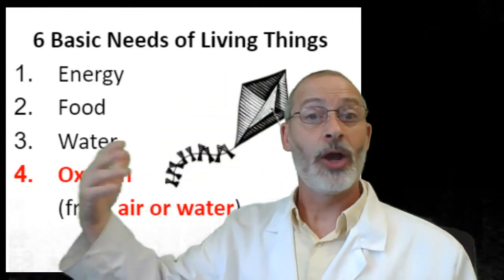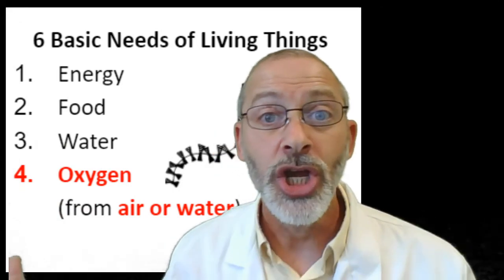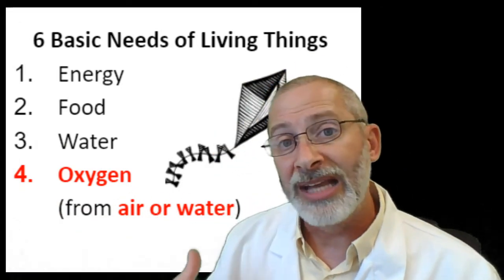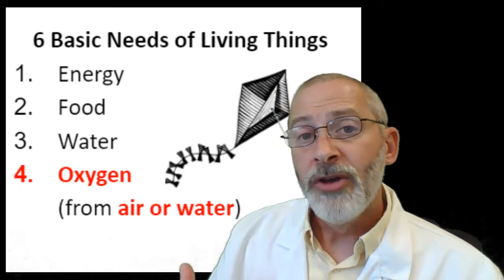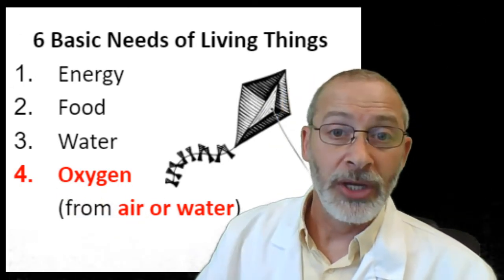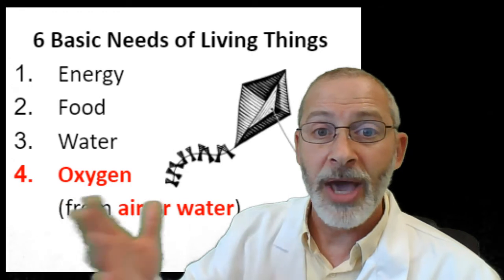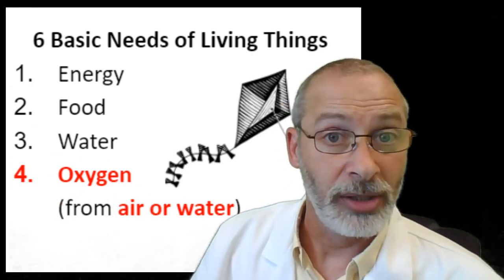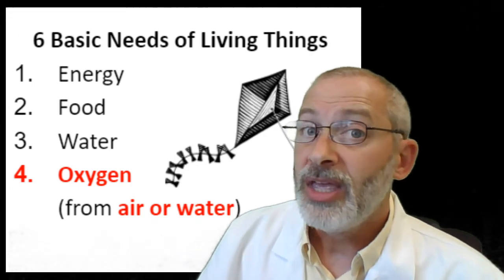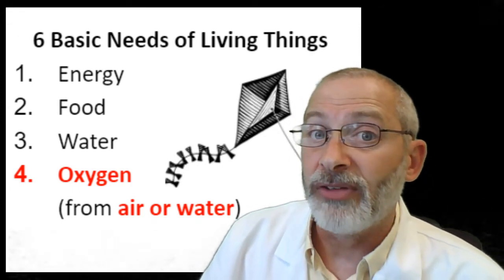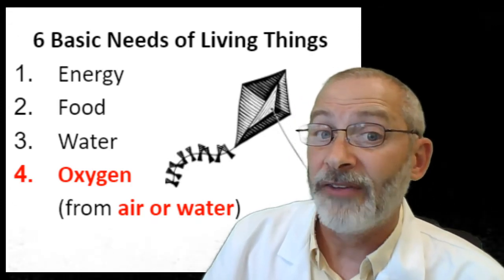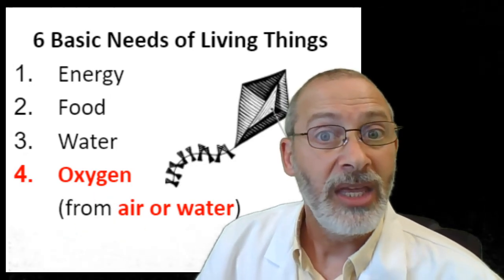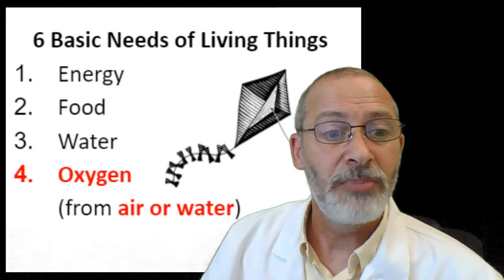If you were an aquatic organism like a fish, you might have gills, not lungs, but you'd still be taking in that dissolved oxygen from the water and releasing carbon dioxide. But no matter what kind of a living thing you are here on Earth, you need oxygen in order to survive. Is it possible that living things could depend upon a different element or a different gas other than oxygen? Yeah, it's possible.